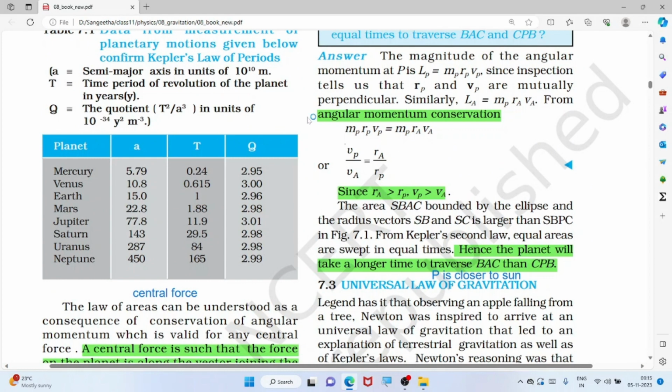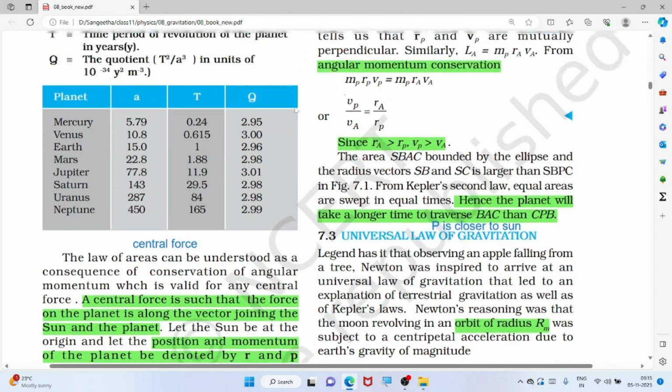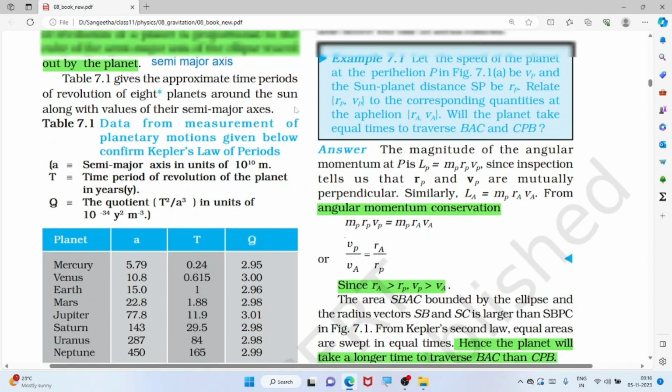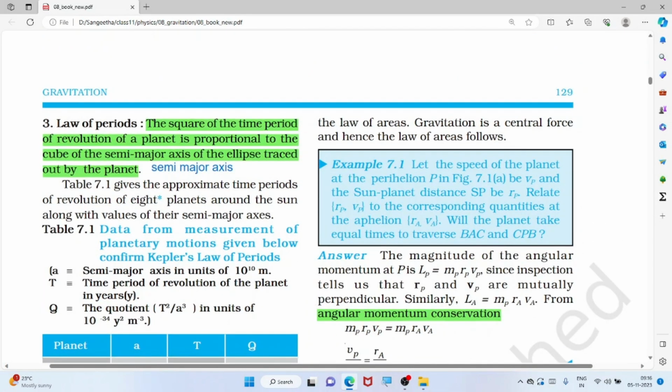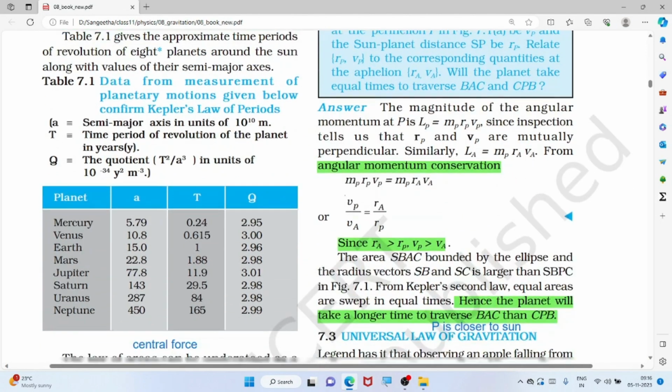The law of areas is based on the conservation of angular momentum. Sorry, not the third law. You can go through this. It is conservation of angular momentum. Gravitation is a central force, hence the law of areas follows.